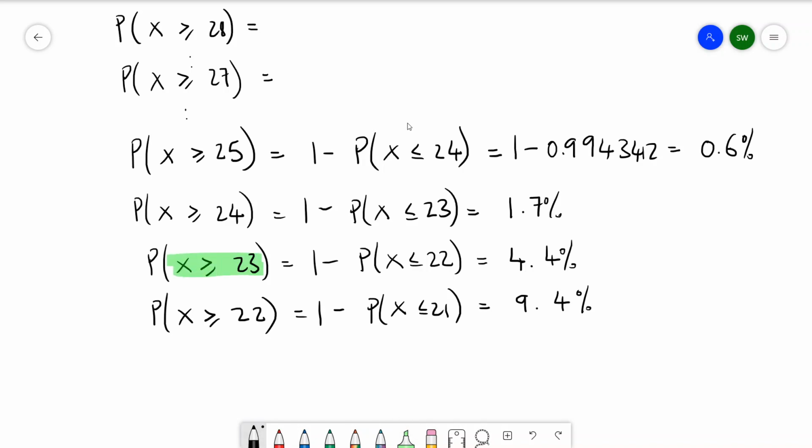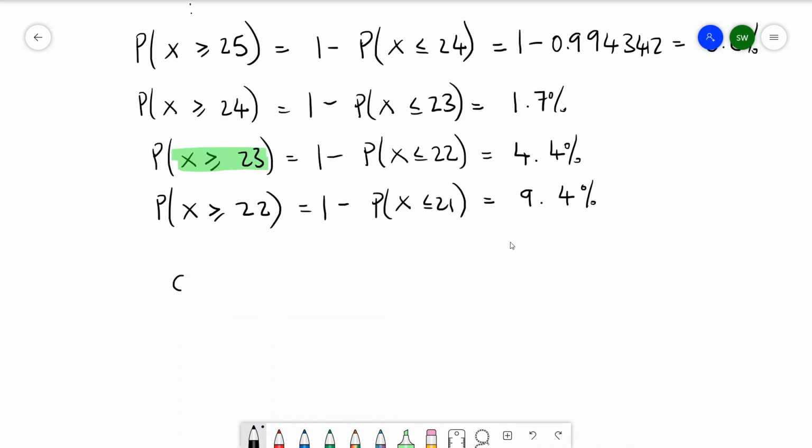So our critical region is x is greater than or equal to 23. And that basically ensures that the probability of being in our critical region is as close to 5% as possible, but not more than 5%.